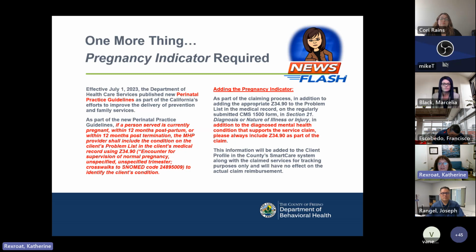Effective July 1st, the Department of Healthcare Services published a new perinatal practice guidelines as part of the California's efforts to improve the delivery of prevention and family services.